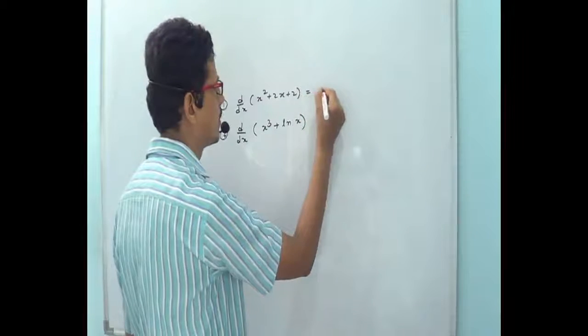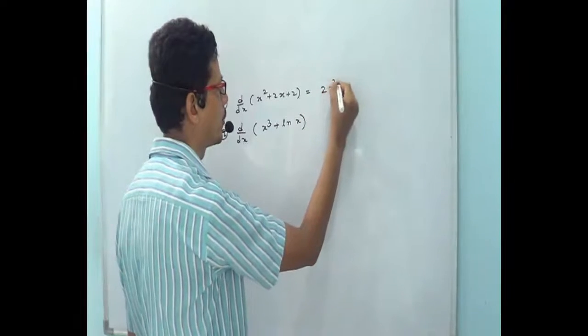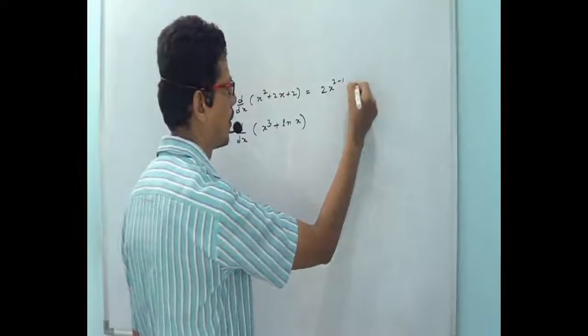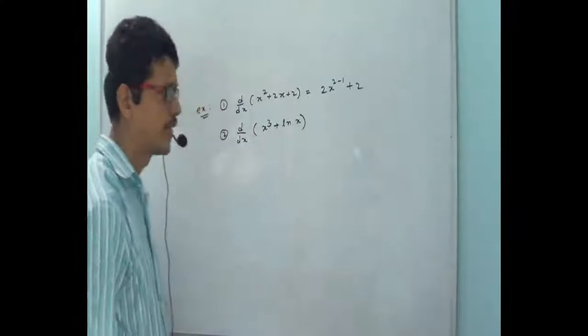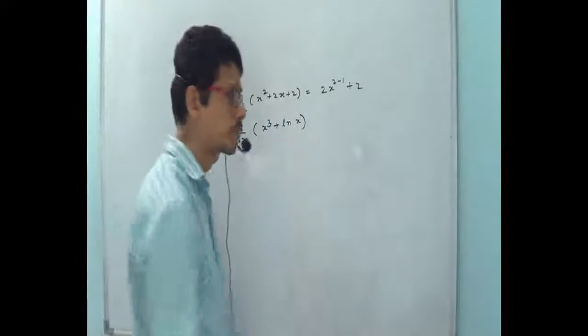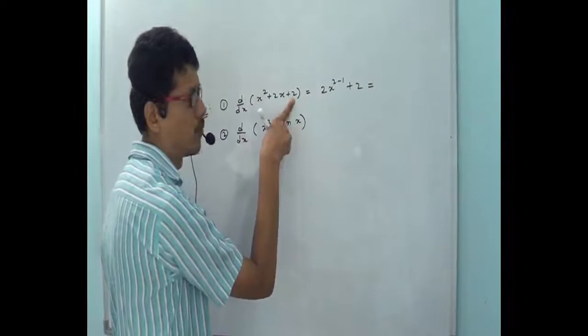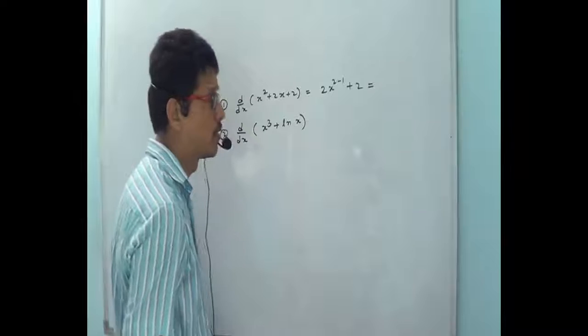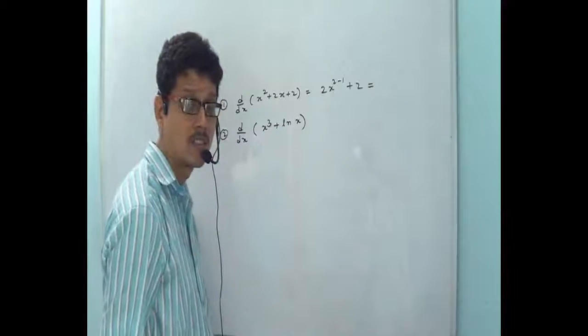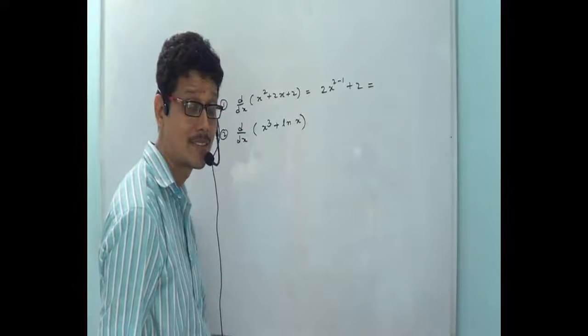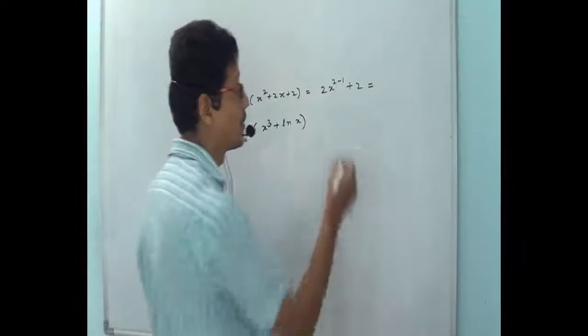The answer of this is 2 into x power 2 minus 1, plus 2. Derivative of a constant is 0. This is a constant, and what is the derivative of that? The derivative of a constant is 0.